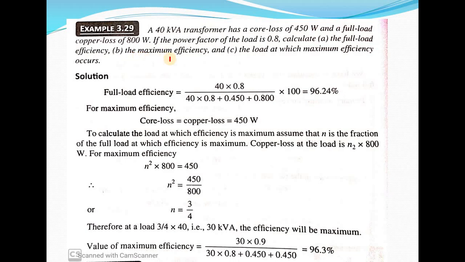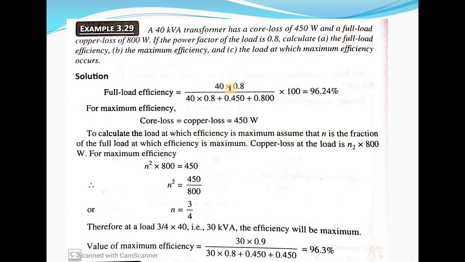What is the maximum efficiency? We know that whenever this loss 800 equals this loss, the efficiency will be maximum. So we'll put core loss equals copper loss equals this much watt. But at what load will this efficiency be maximum, because this is the full load kVA?